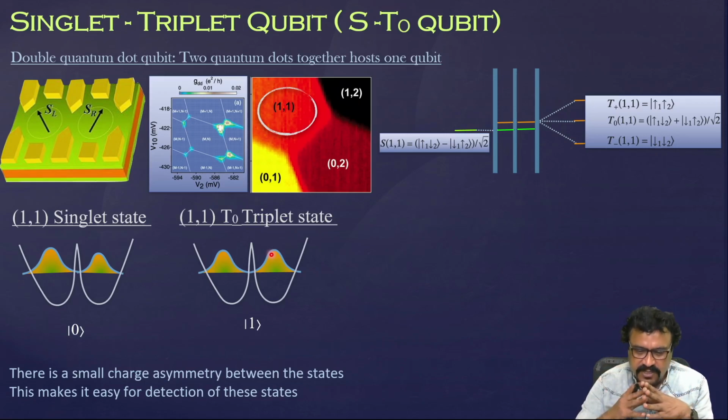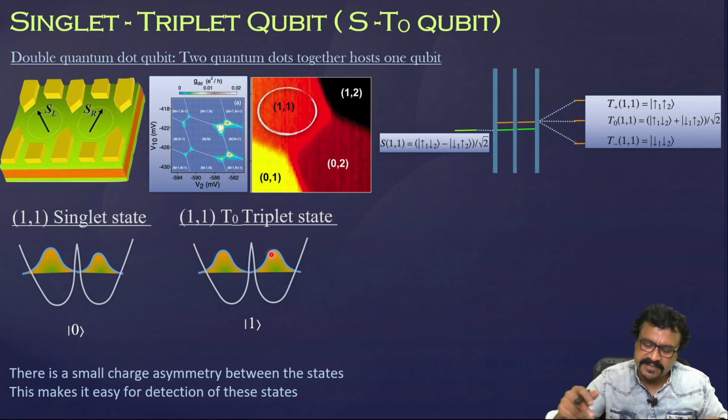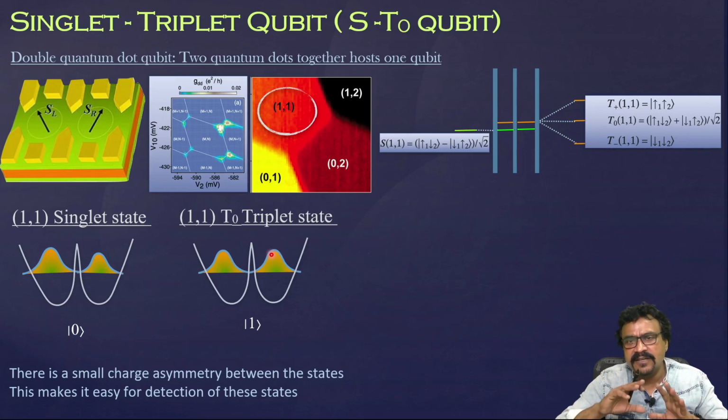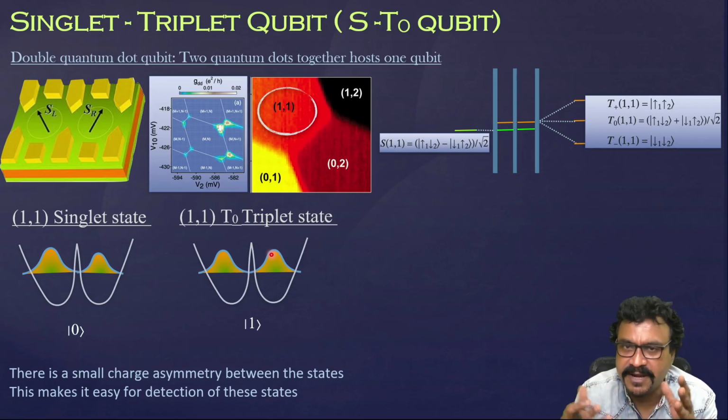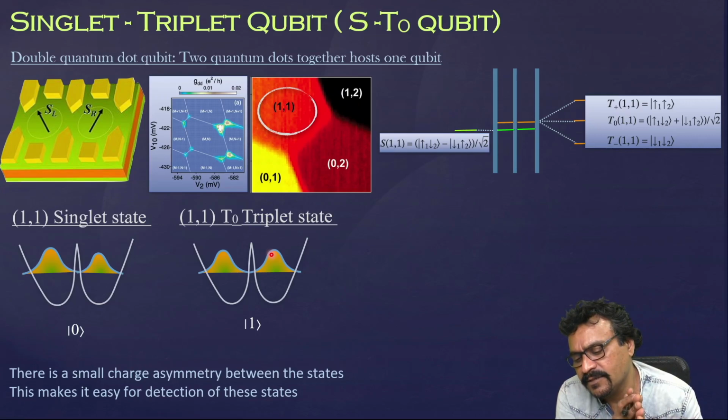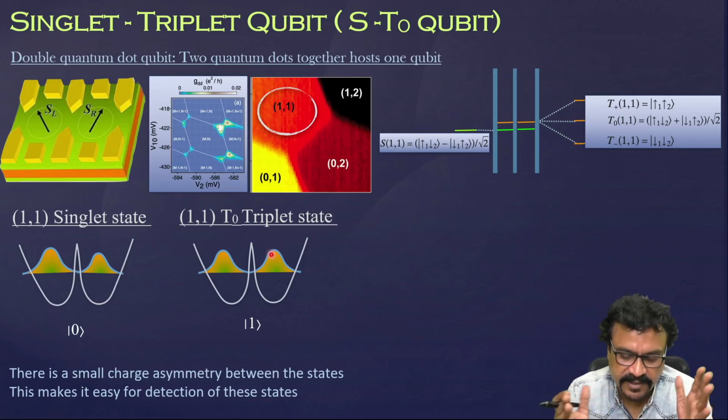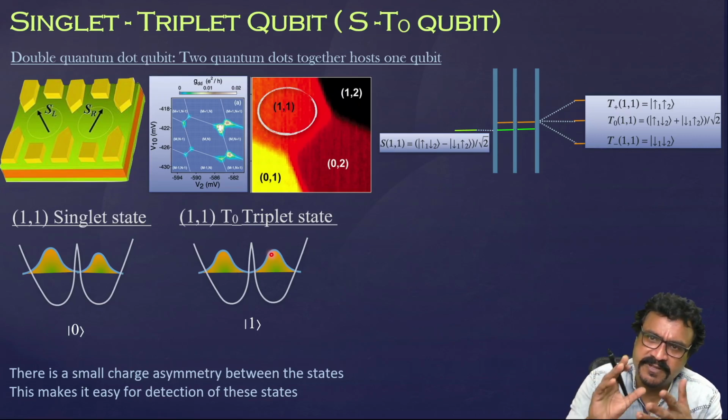Now, if you ask what is the advantage, it is that any decoherence which actually affects both dots the same way, that means a slow, slightly large scale decoherence will rotate the spins. And I said decoherence means it should be a magnetic field or anything which generates a magnetic field or affects the spin state. If they affect both the same way, then both spins will get rotated the same way.